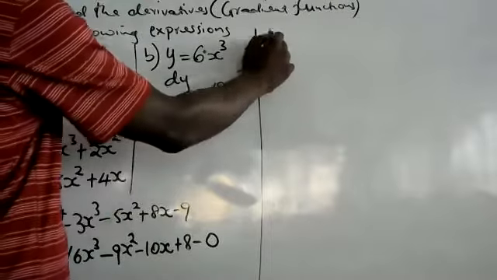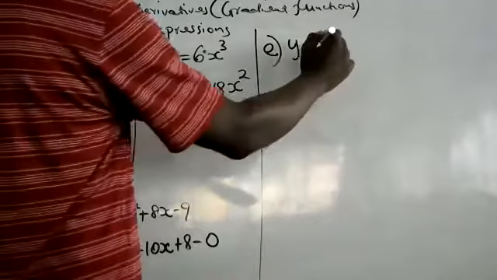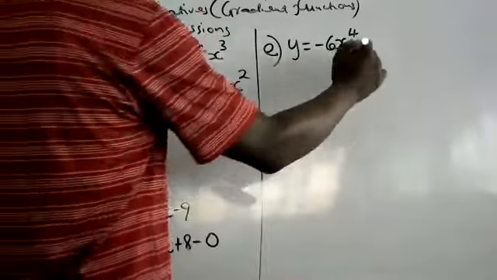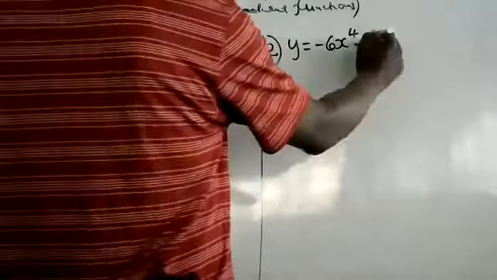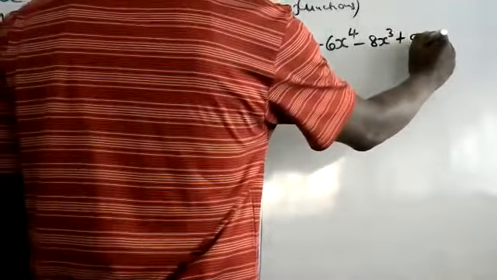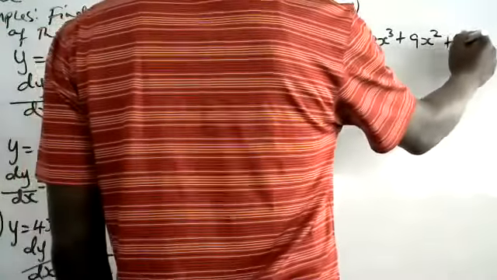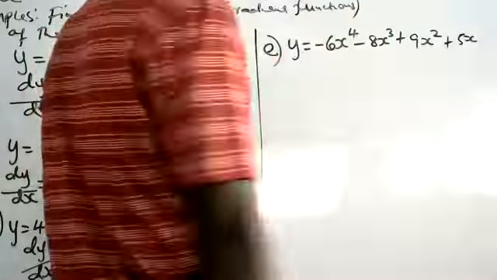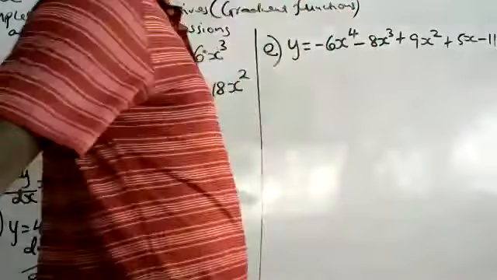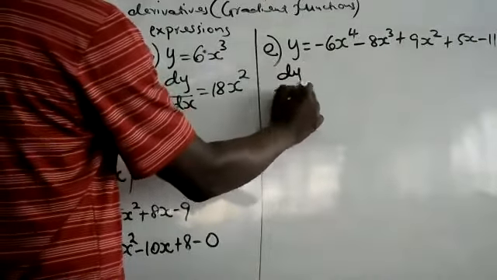Here, y is equal to negative 6x power 4 minus 8x power 3 plus 9x squared plus 5x minus 11. I want you to get the derivative, which is dy over dx.